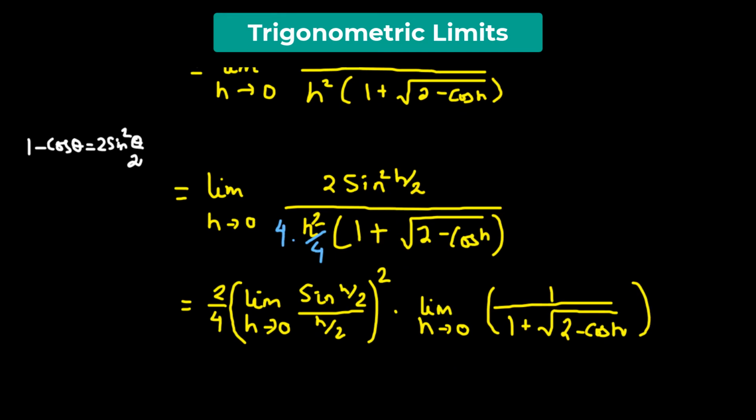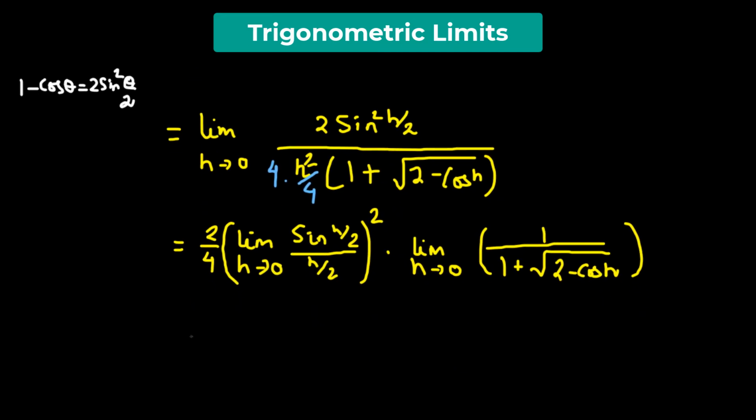So that gives us 2 over 4, which is going to be half. The limiting value of sine h over 2 divided by h over 2 is going to be 1.